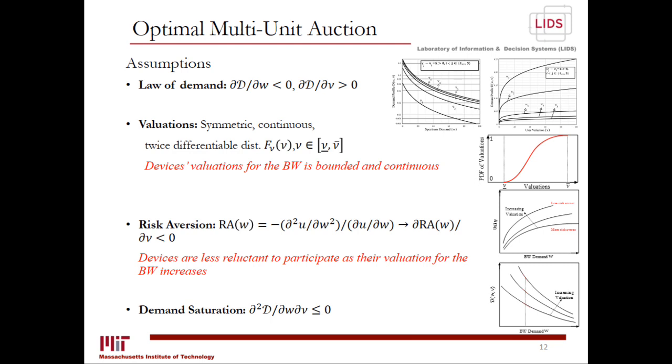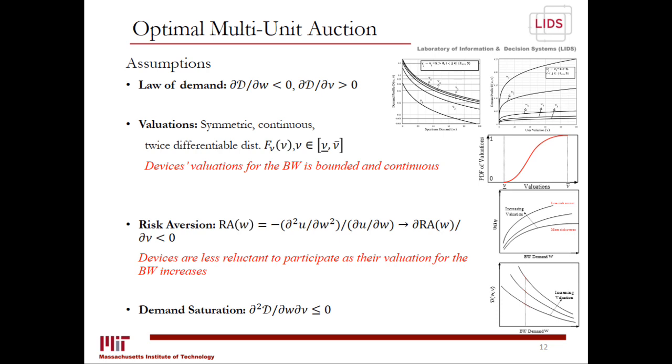The third assumption is about the demand elasticity, which can also be reformulated in the form of risk aversion. In very simple language, it tells you that as the valuation of devices for the bandwidth increases, these devices become less reluctant to participate.